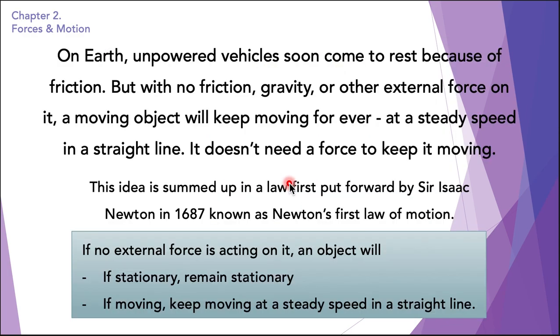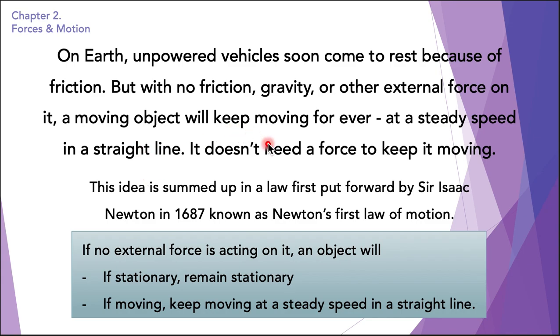On Earth, unpowered vehicles soon come to rest because of friction. But with no friction, gravity or any other external force on it, a moving object will keep moving forever at a steady speed in a straight line. It doesn't need a force to keep it moving.